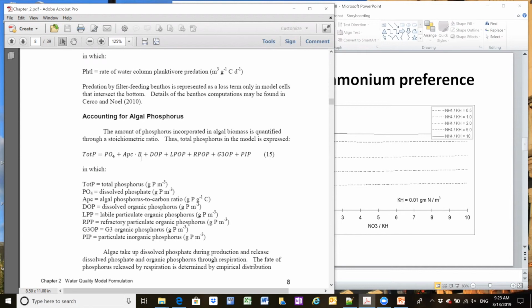And there are classic Redfield ratios for the composition of algae. You can go with a Redfield ratio. They get stretched, particularly for phosphorus, by a factor of 2 or something like that. But effectively, you as a modeler are going to specify the phosphorus to carbon ratio.